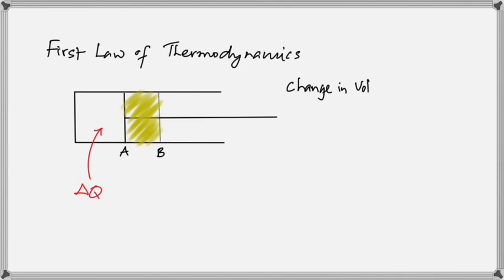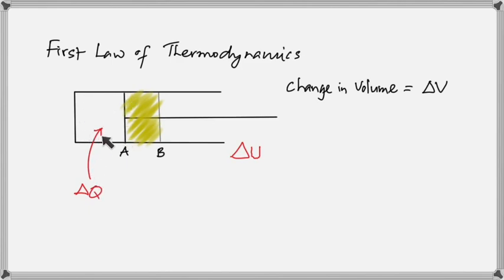So as shown in this diagram, you have a cylinder fitted with a piston which is movable, and delta Q is the amount of heat entering the system, and the system is a gas here in the space between the piston and the cylinder.